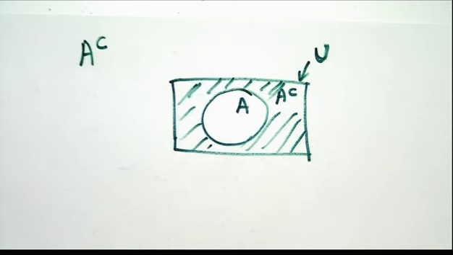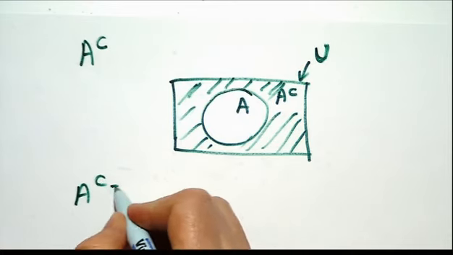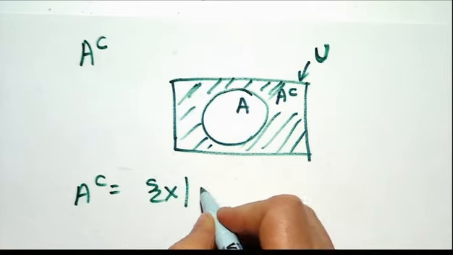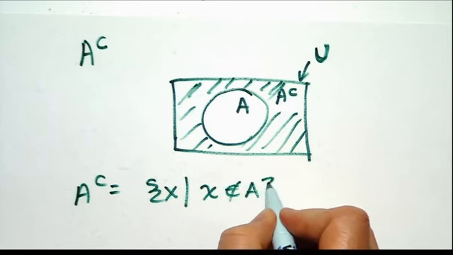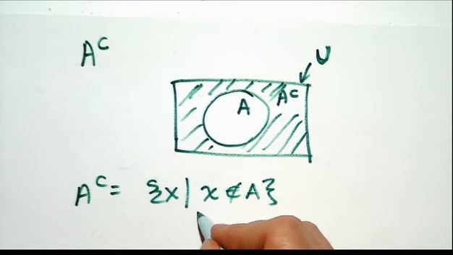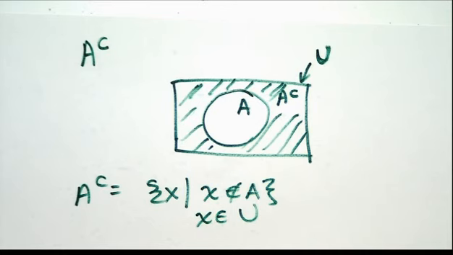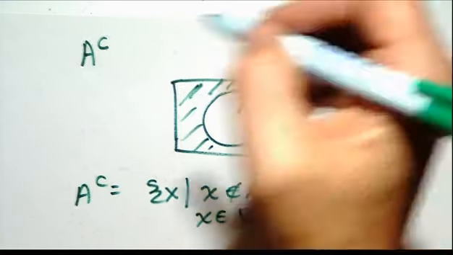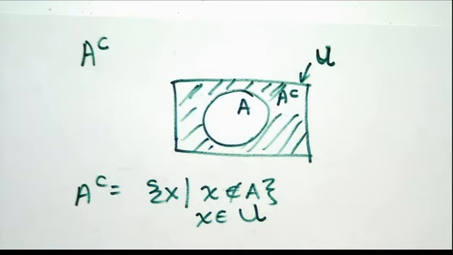So we can draw like this just to show what A and A complement is. So the way I write A complement is the set containing X, so that X is not in A. And it's sort of assumed that X is in the universe of discourse. So it's lovely and wonderful that the universe of discourse looks like a union sign, so put a little foot on your U for universe.